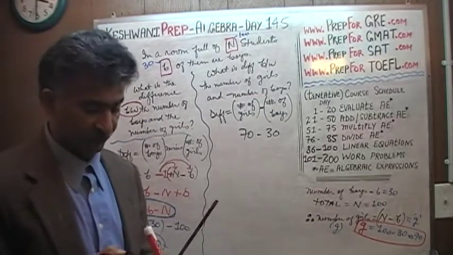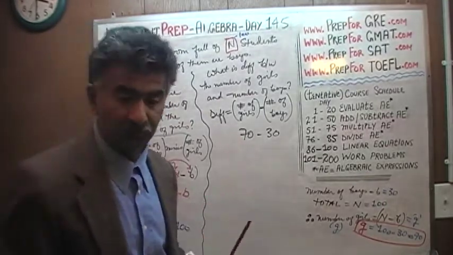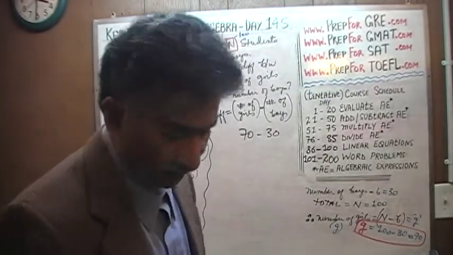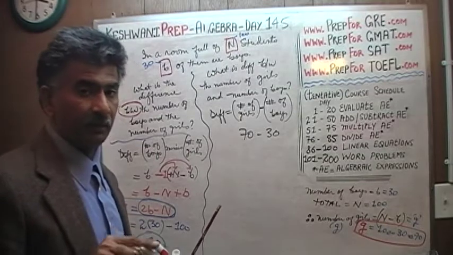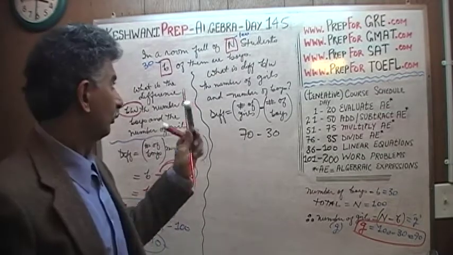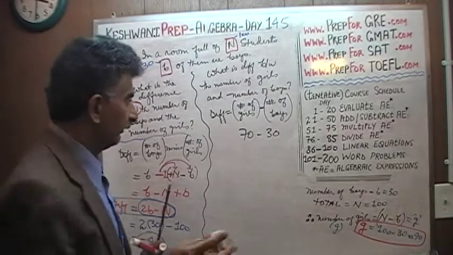Let's see what the algebra tells us. I actually made a mistake. This is something we do at the very end, not right now. We were supposed to solve it algebraically first. I got carried away. So we know the difference is 40 between the number of girls and the number of boys, because there are 70 girls based on what we plugged in here and 30 boys. The difference is 40.